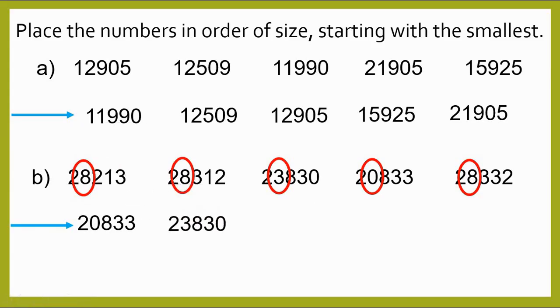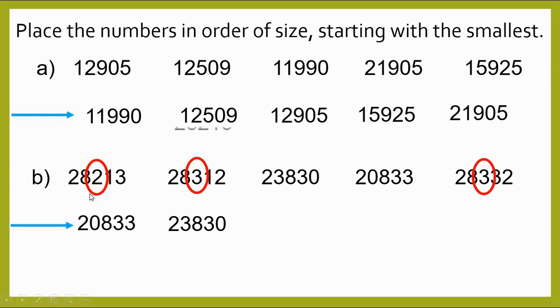So 23,830. Now, if you will observe these three numbers, they are having the same digit at the second place. So now we have to compare the third digit of these three numbers. And if you will see, here is the 2 number and here are three numbers which are the same. So we will compare their fourth digit afterwards.